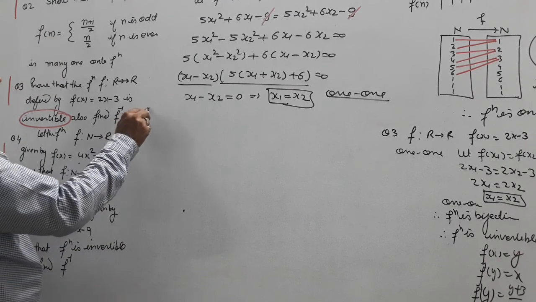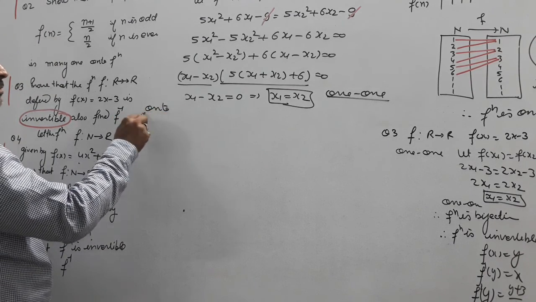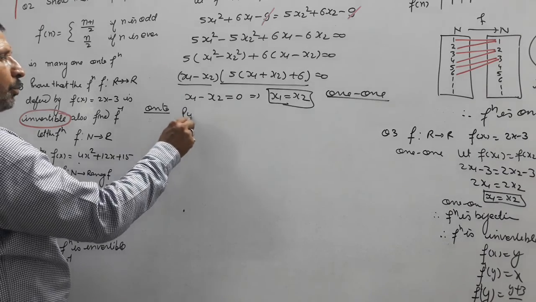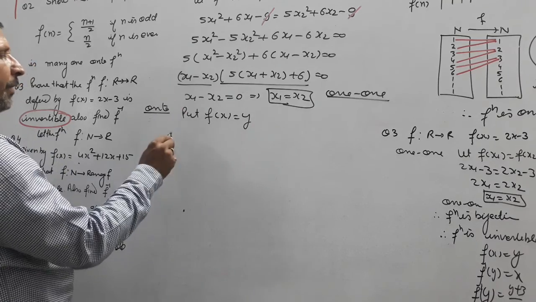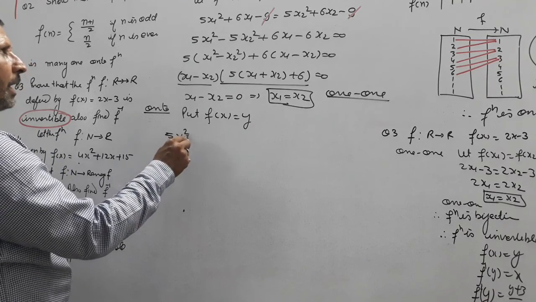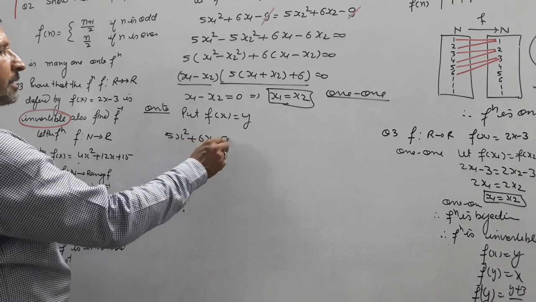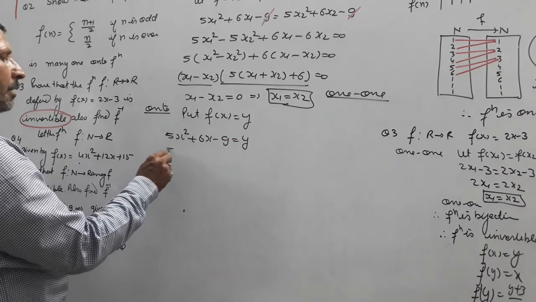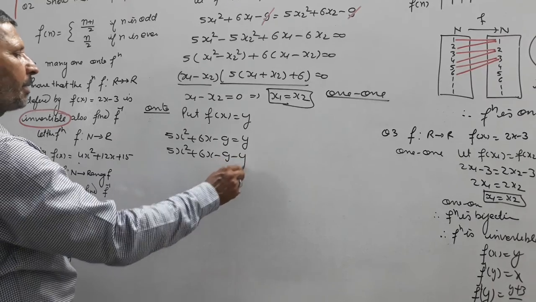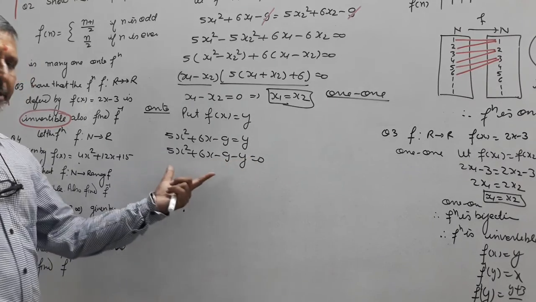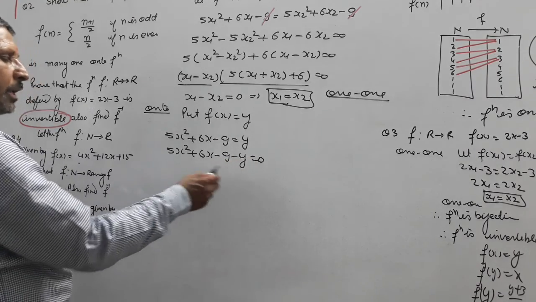For onto, put f(x) equals y: 5x square plus 6x minus 9 equals y, so 5x square plus 6x minus 9 minus y equals 0. This is a quadratic equation. How can we solve this quadratic equation?